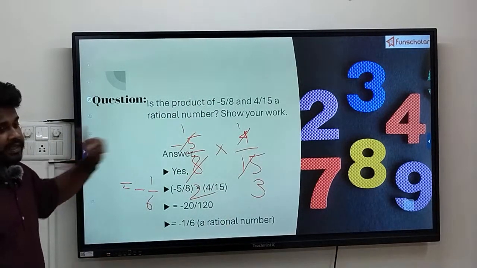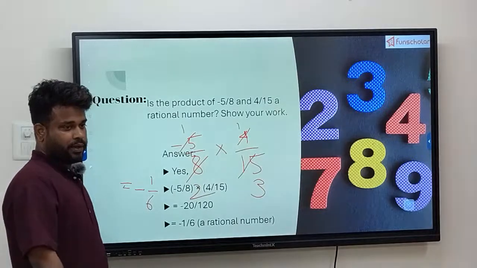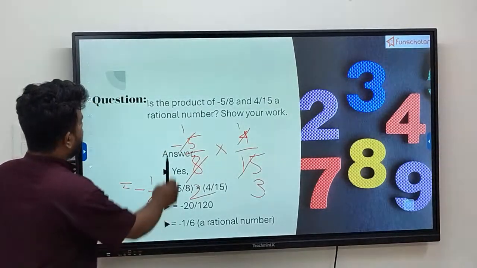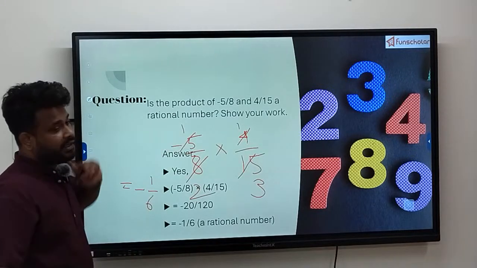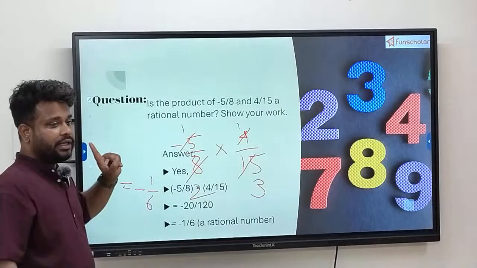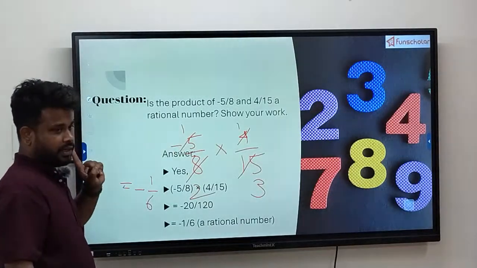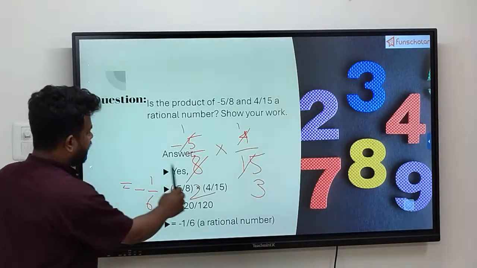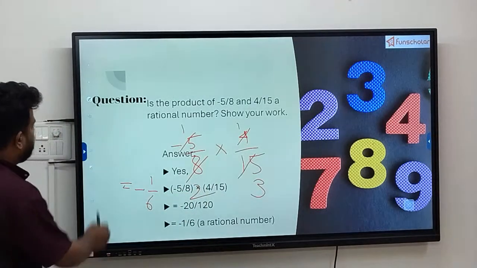The minus remains the same. Okay. What we forget every time when we use cancellation is that we don't write the 1. There is only minus 1 and there is 1. And if we multiply them, there will be minus 1. And in the down there will be 3 into 2 is 6.